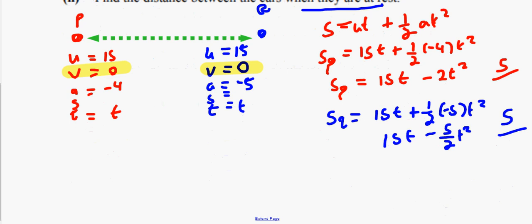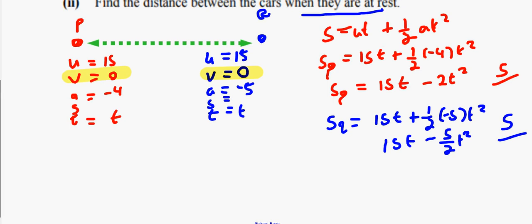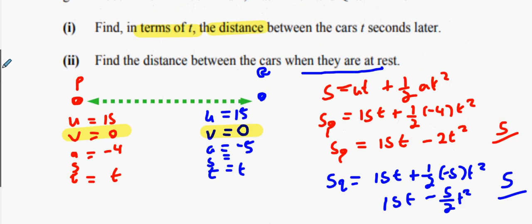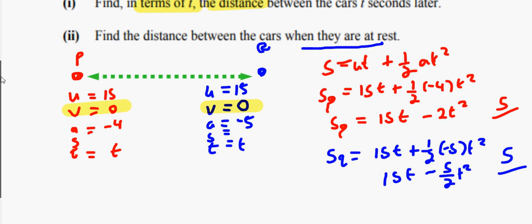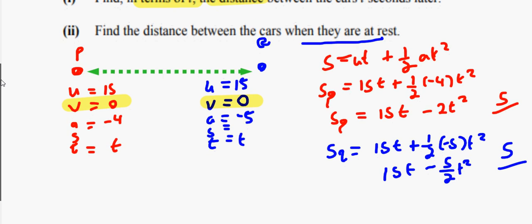Now, the distance in between them. So let's take a simplification approach here, okay? Who's going to cover more distance? Who's going to have the bigger distance, SP or SQ?